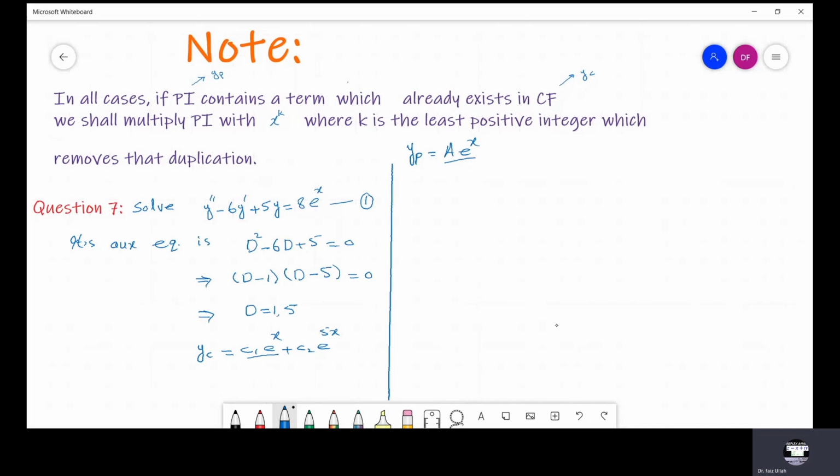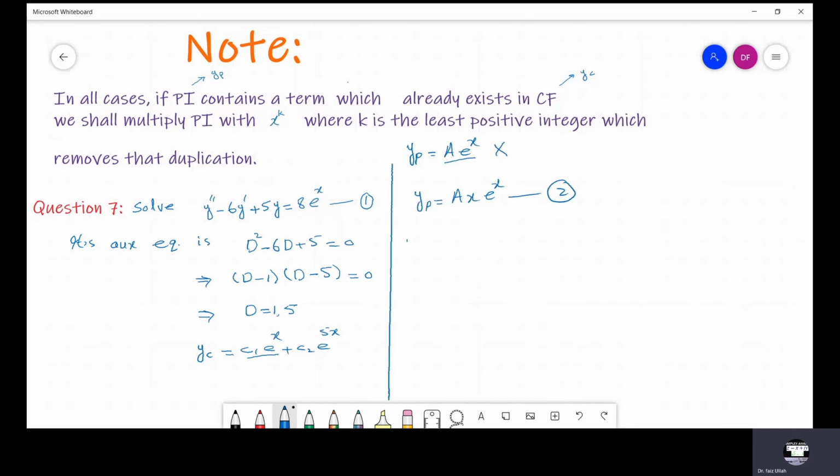So these are two common terms. So multiply yp with x, which will give us ax e power x.